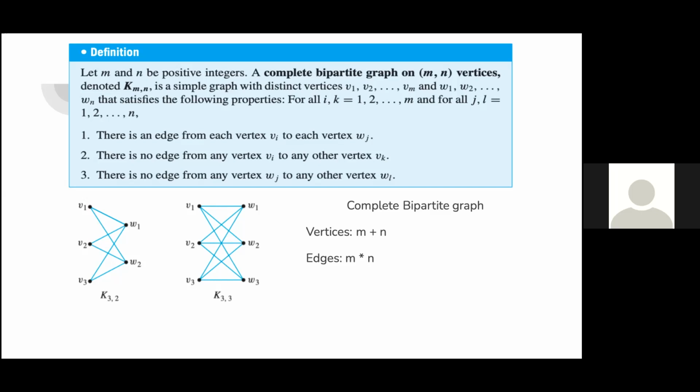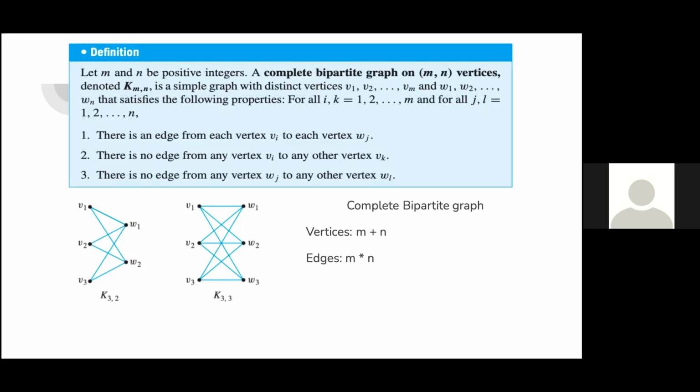There are two examples below the definition part. The first one is K3,2, and that means there are 3 V's and 2 W's. Let me explain why there are m times n edges in a complete bipartite graph.